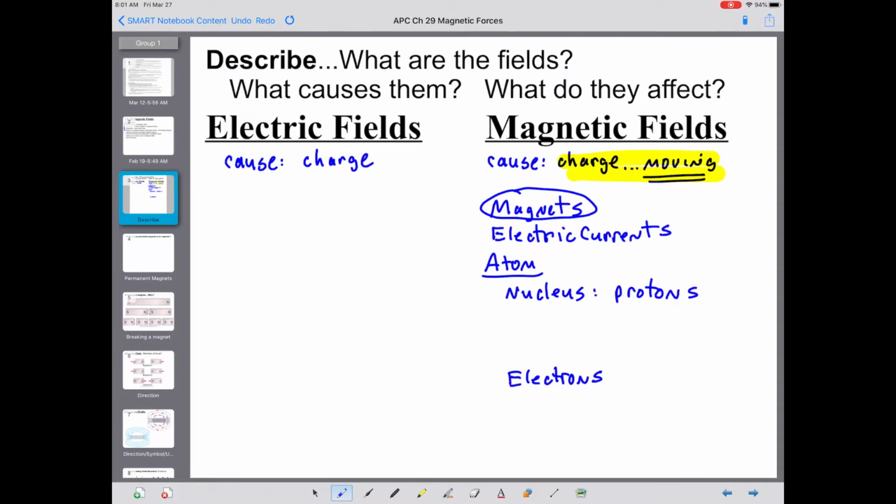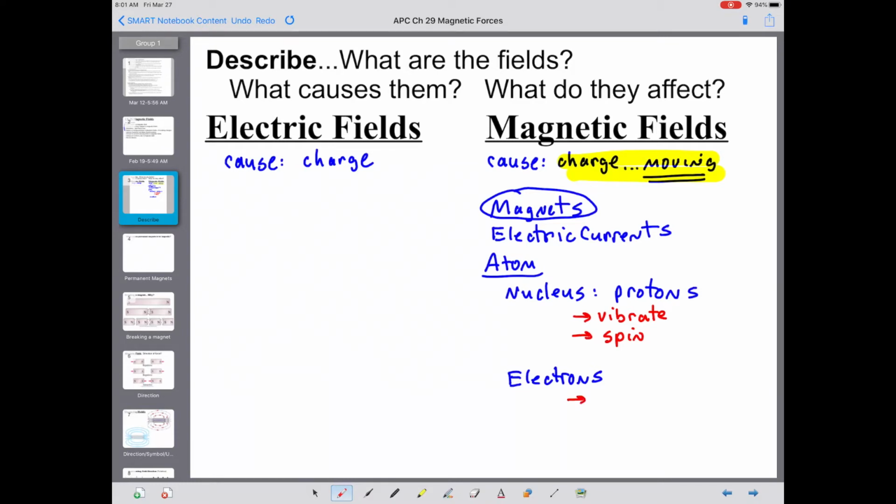So in terms of motions, protons, well, they're kind of stuck in the nucleus. They can't do a lot, but they can vibrate, and they can also spin. Either or a combination of those two motions can result in a magnetic field.